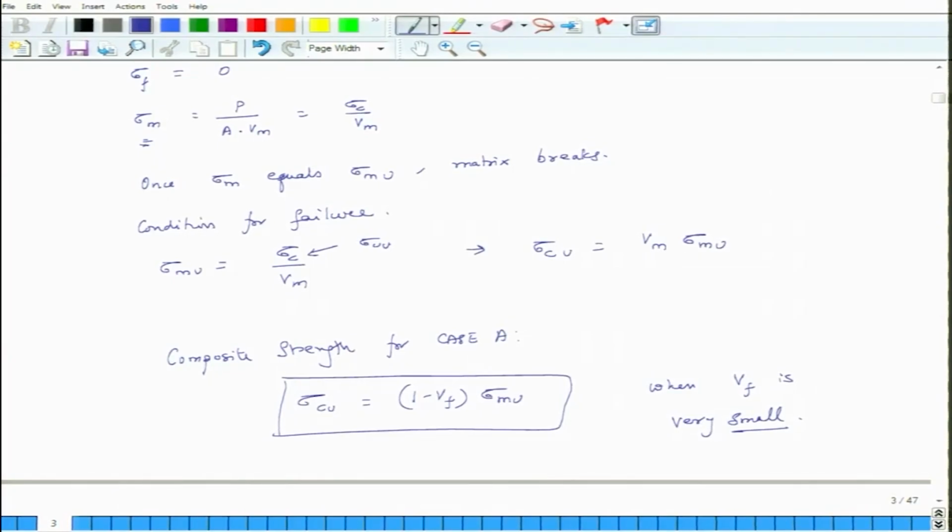When Vf is extremely small, fibers break, and all the extra load from fibers gets transferred to the matrix. The matrix can still absorb that extra load. So, I can keep on loading it further, and finally the matrix will fail when the stress in the composite sigma Cu equals 1 minus Vf times the ultimate tensile strength of the matrix material. Okay, so this is case A.